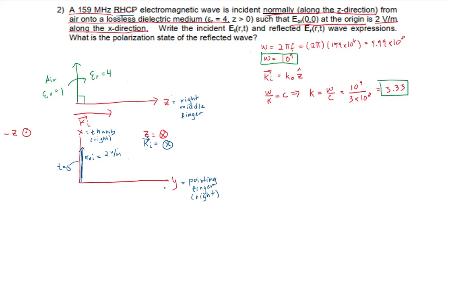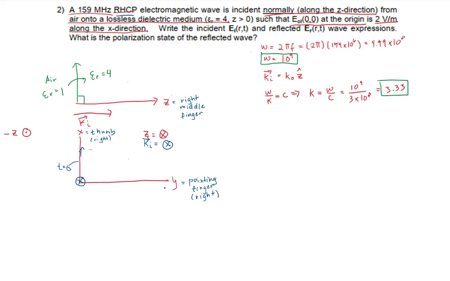So with that information and the fact that this is right hand circular polarization, we stick our right thumb into the page, line our fingers along the x-axis, and then curl our fingers.